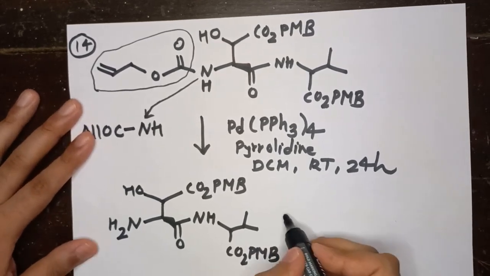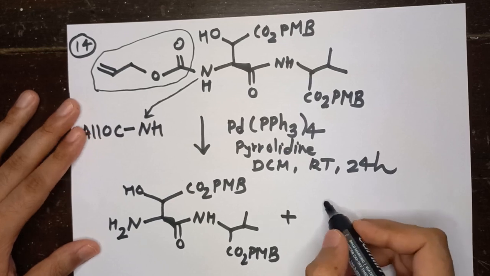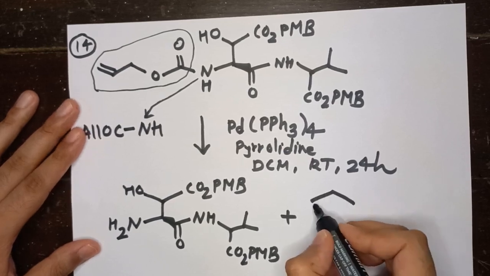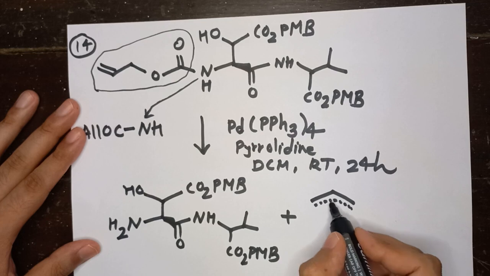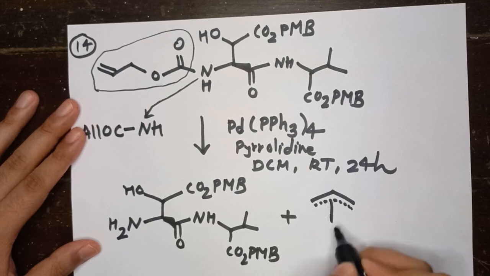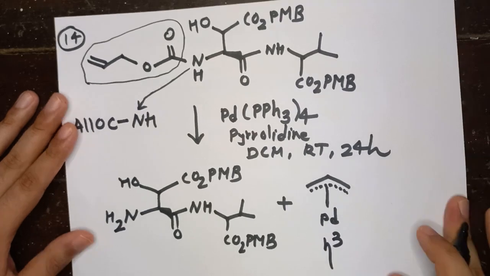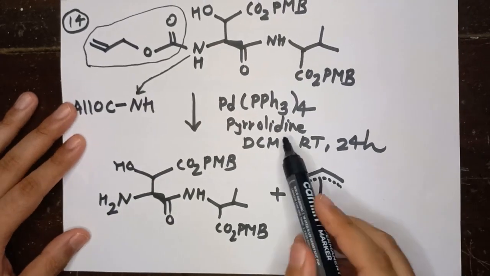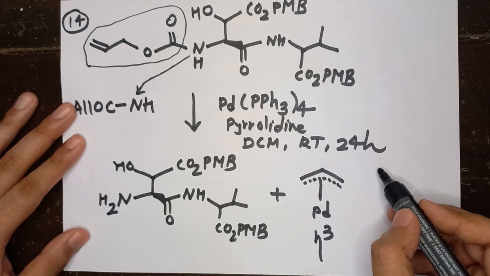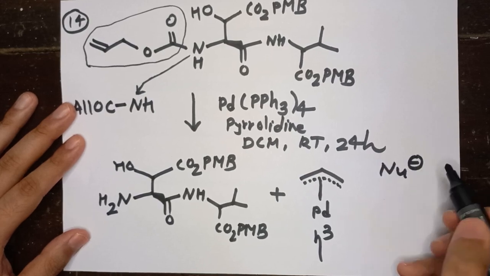And what is the byproduct of this reaction? The byproduct is palladium will form a complex with this allyl group with hapticity 3. Now this pyrrolidine can act as a nucleophile. This is a side reaction.